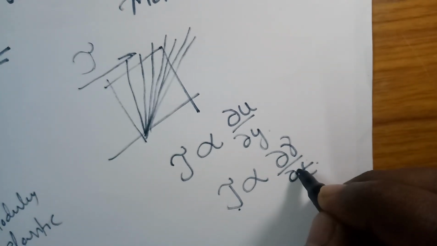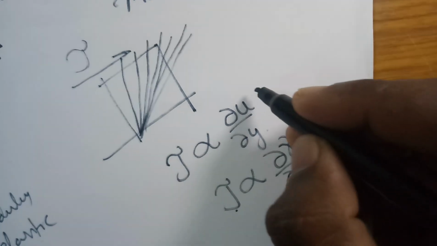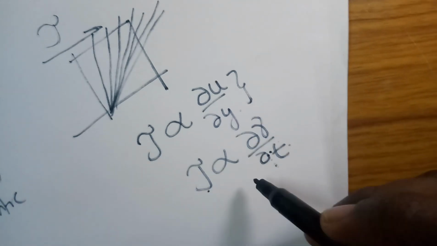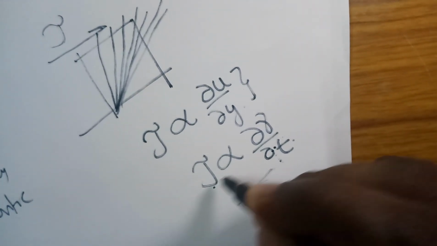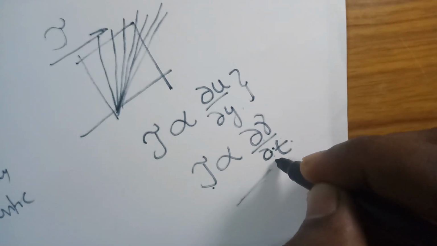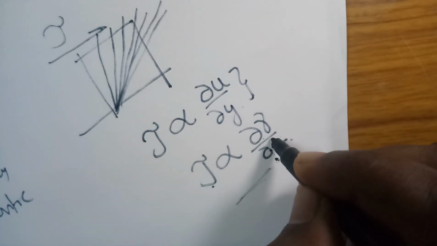Shear stress is directly proportional to the rate of shear strain. This you will see as Newton's law of viscosity. For now, just focus on this equation: shear stress is directly proportional to the rate of shear strain.